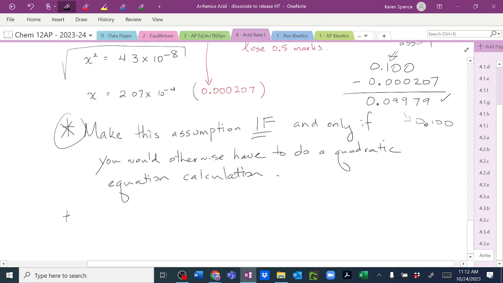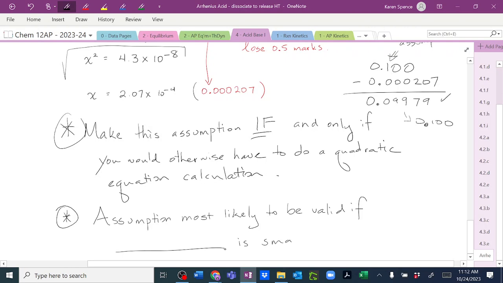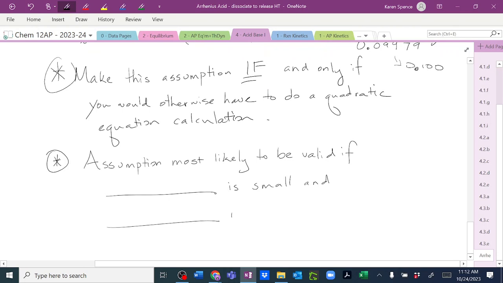Now, let's just make a note here. The assumption is most likely to be valid if Ka is small, because that means only a little dissociated, and if the concentration of the acid is big, because that means that your small amount is going to be small compared to the big amount.